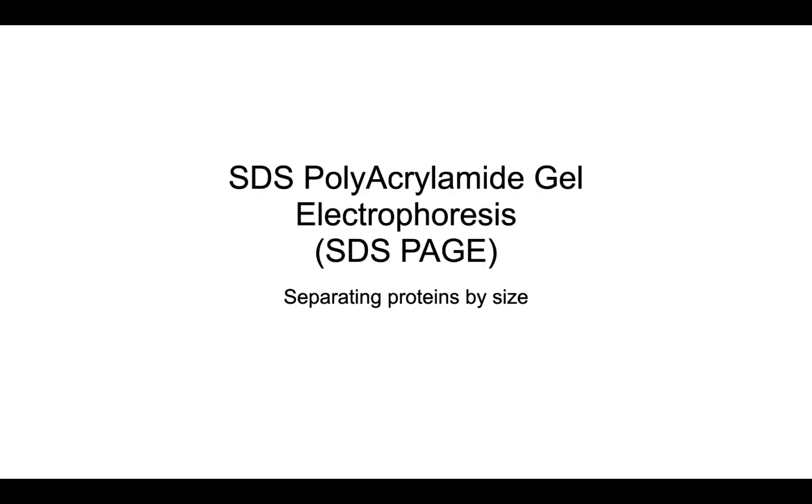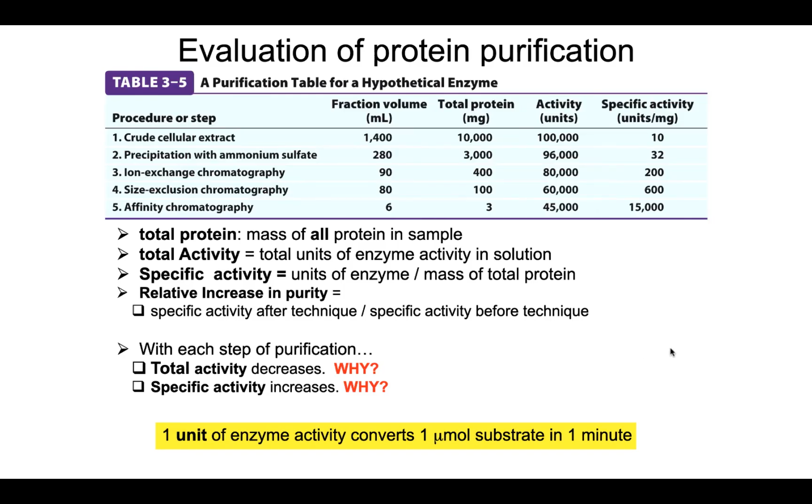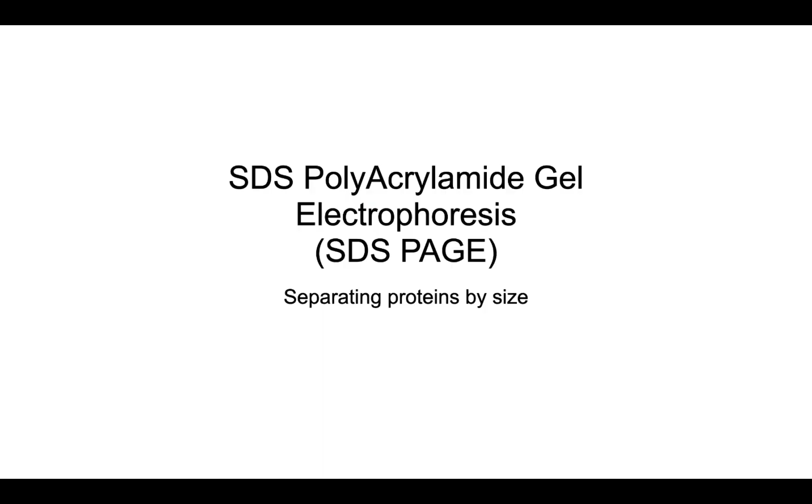All right, so now you have purified your protein quite a bit, where the fraction that you have has 15,000 units per milligram. That's pretty pure stuff. Let's see how pure it is. We're going to use a technique called SDS polyacrylamide gel electrophoresis, or SDS-PAGE.